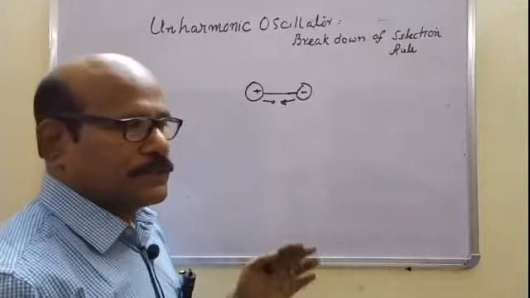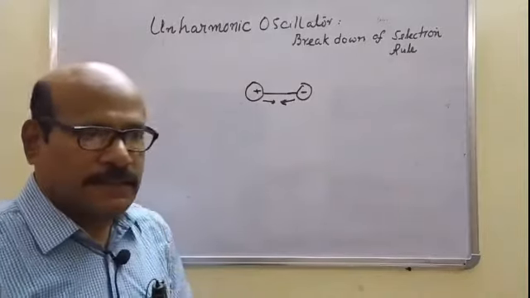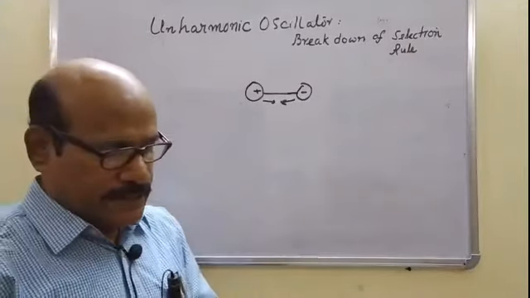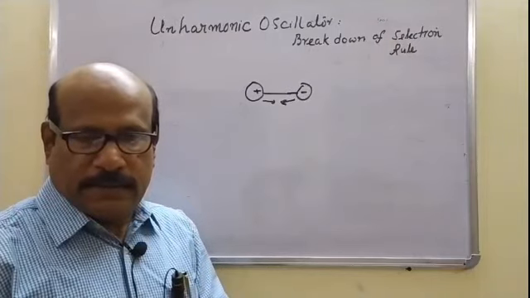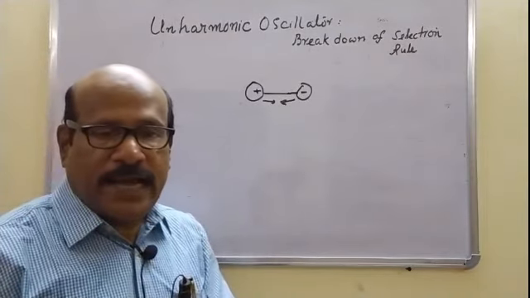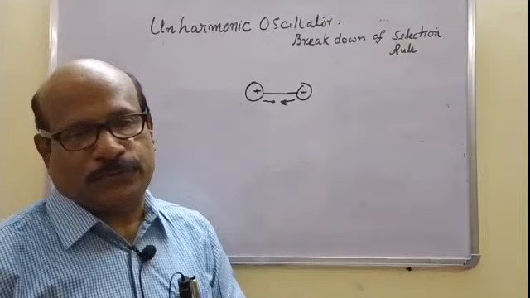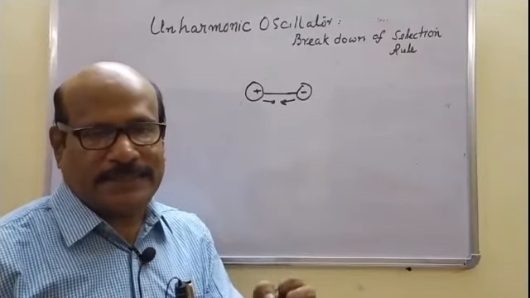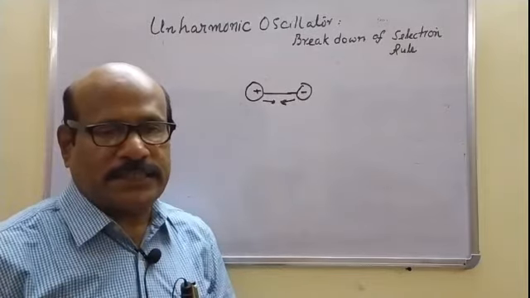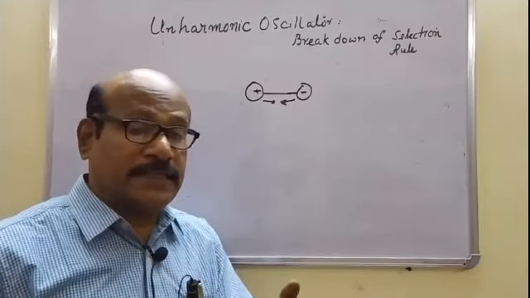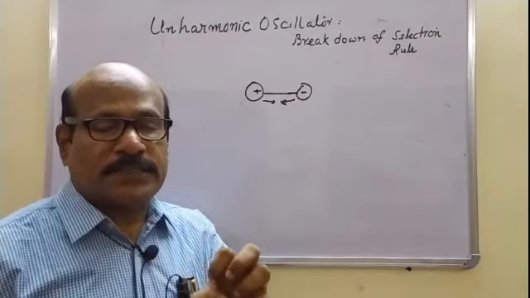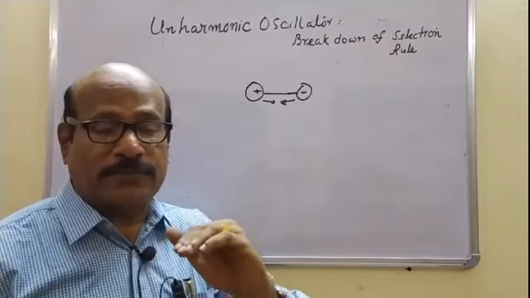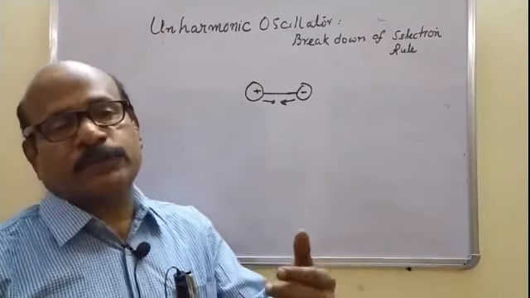So during the compression, the repulsive energy is added along with the restoring force, so as to cause an increase in the potential energy much greater than the potential energy of an ideal simple harmonic oscillator.